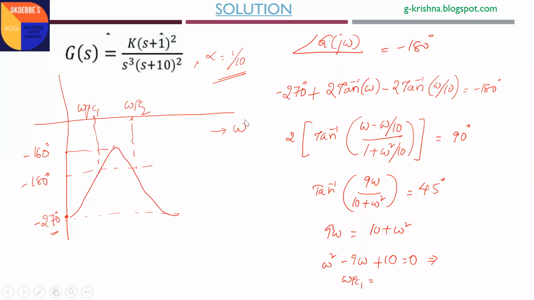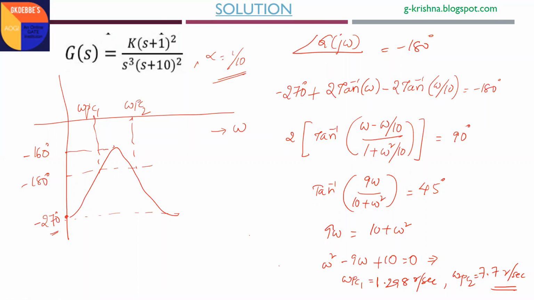Omega PC1 is 1.298 radians per second, and the other frequency omega PC2 is 7.7 radians per second. So these are your phase crossover frequencies.